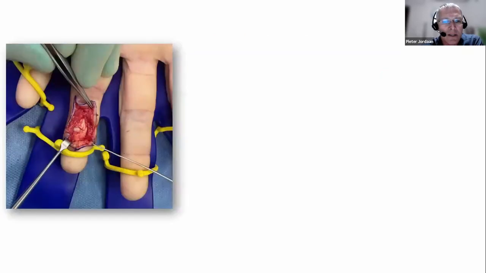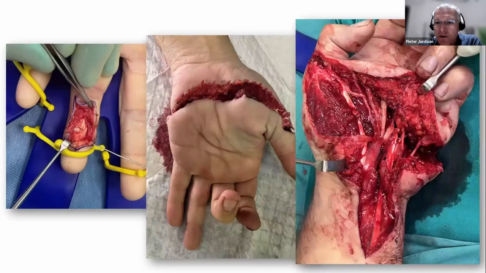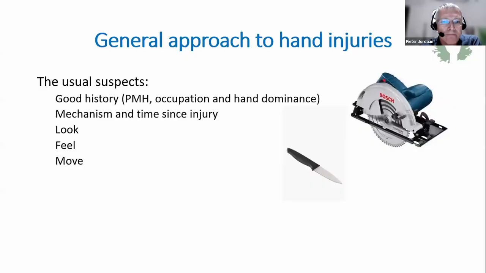And the reason for this is if you're going to refer this patient on and you know that it's just a little steak knife, you can expect just a plain flexor tendon injury. But when it's a power tool, you start looking at injuries like these. And then you start looking at nerve reconstructions where you basically have to graft all the nerves in the hand. And it's nice to kind of, before you go in, have an idea of what you're dealing with.